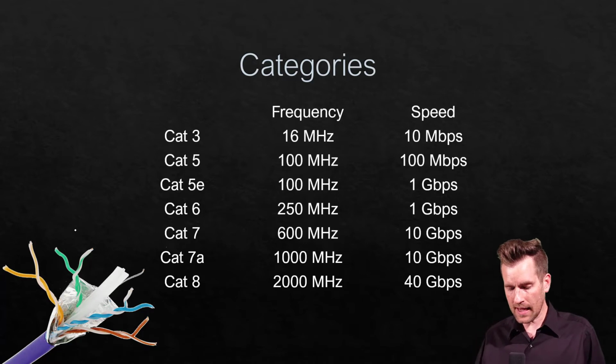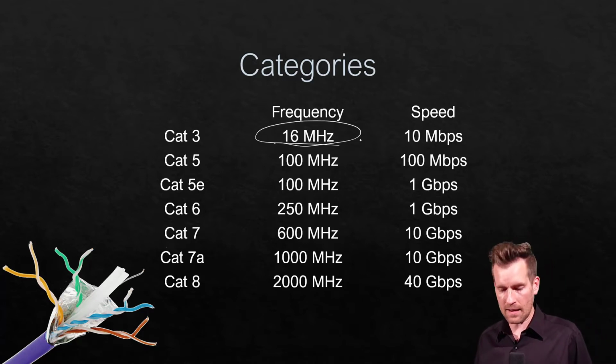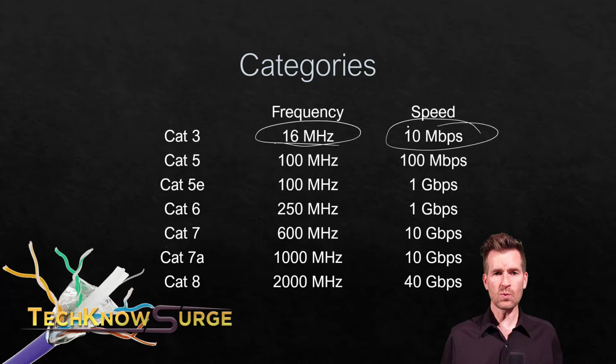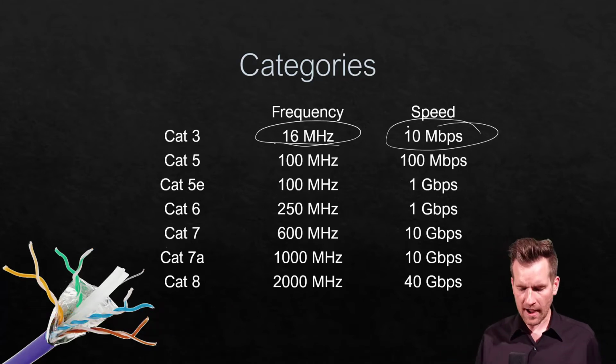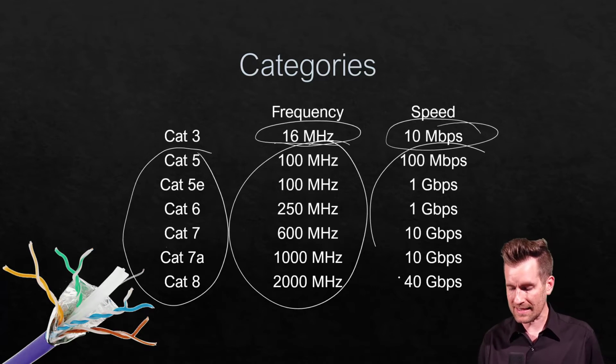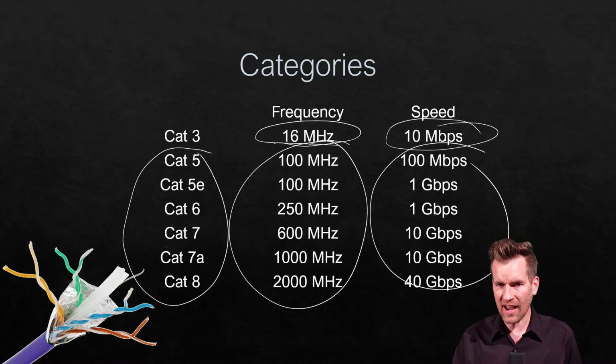And that Cat 3 cable had a much lower frequency capability than the cables nowadays, and only could support certain speeds across it. So as we progressed, we found better ways to improve the frequency and speed of these different cables, getting faster and faster connections.